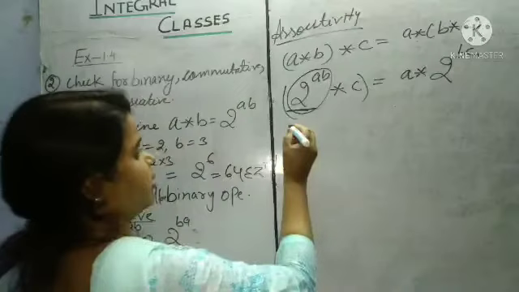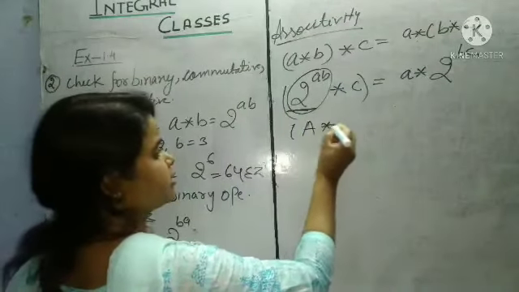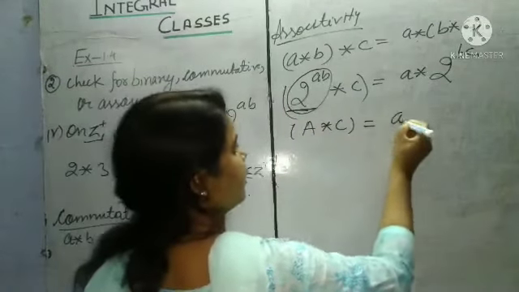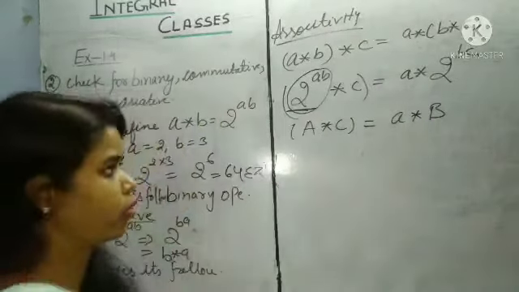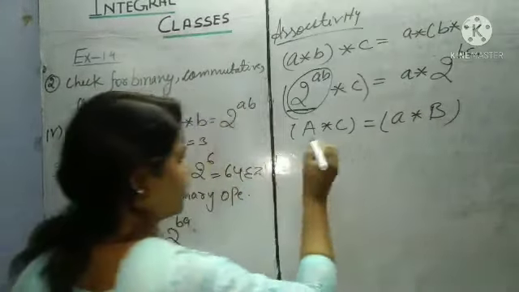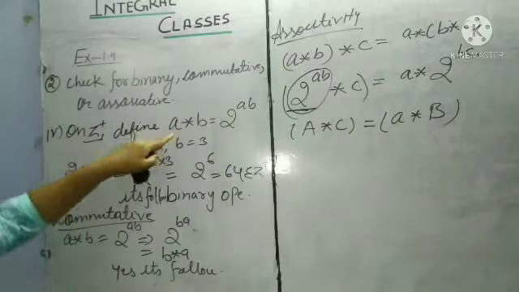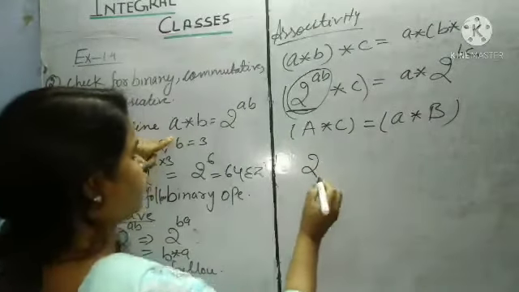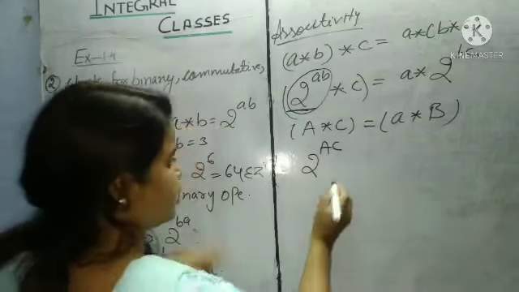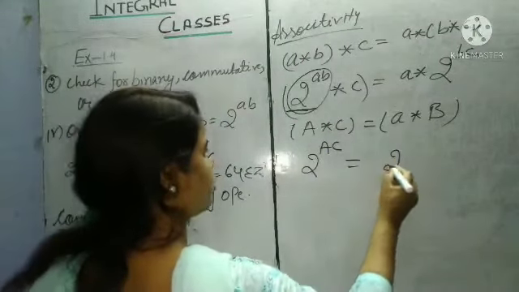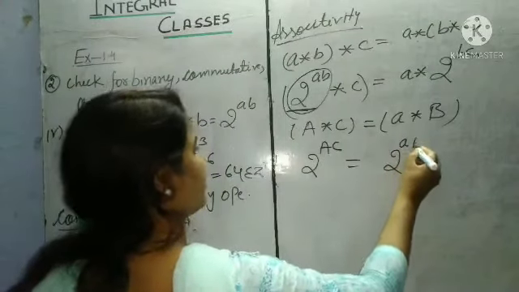So capital A star C, and it is considered capital B. Okay. Now A star C equals what? Here 2 exponent AC, and here 2 exponent AB.